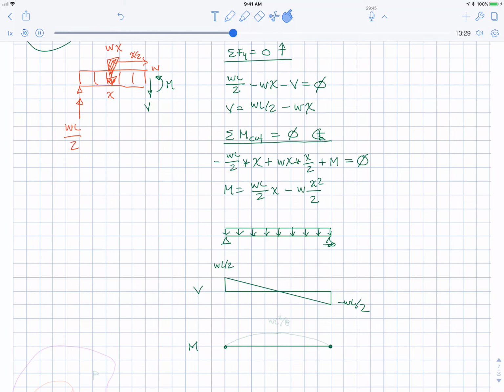And when you plug in x equals L over 2, halfway over, you get WL squared over 4 minus WL squared over 8, which will be WL squared over 8. And it's a parabola. It's minus x squared over 2 times w plus WL over 2x. And you get that.